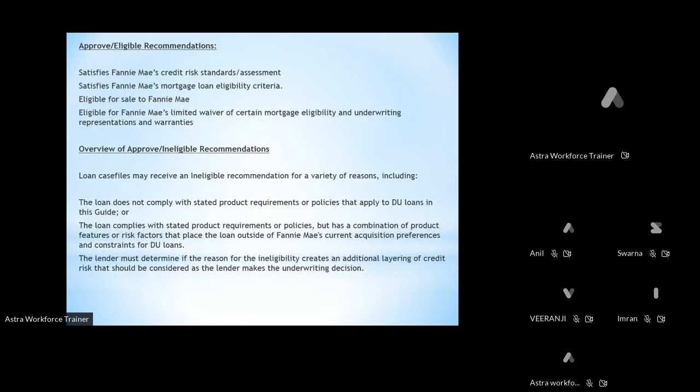So this is the approve eligible recommendation. Approve eligible means, in the AUS documentation, you will get the recommendation at the top, whether it's approve eligible or approve ineligible. If approve eligible, that means all the details are met, all these four points are met. Can someone please read what that is?